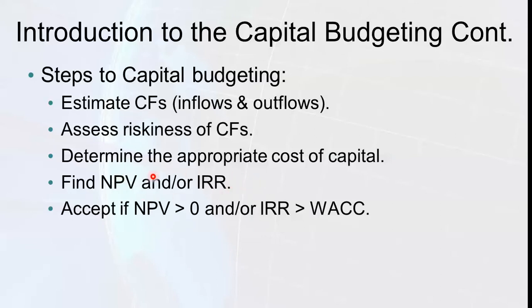So find those numbers and based on the rule decide if the project is a good project or an unacceptable project. In this case, if you are using NPV or IRR, accept the project if NPV is greater than 0 or IRR is greater than cost of capital. Okay, these are the criteria.